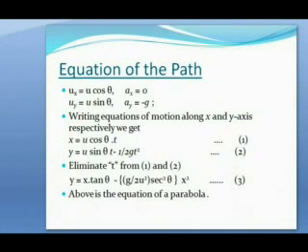So finally we get the following equation: y is equal to x tan theta minus half g by u square sec square theta into x square, and this is the equation of a parabola. So the path of the projectile is a parabola. We have denoted the equation of the path as equation 3.